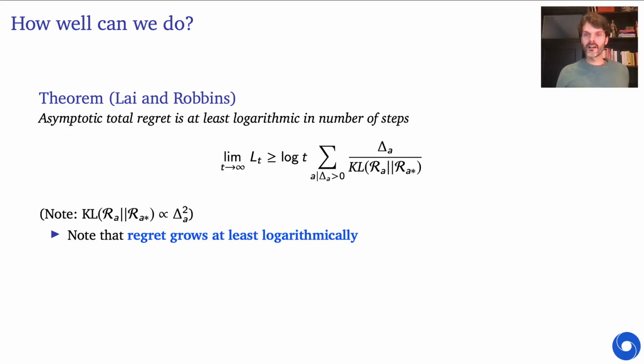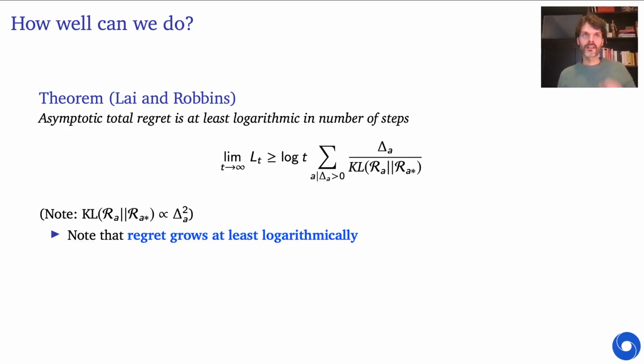If you don't know what a KL divergence is, that's okay. It measures the difference between these distributions, and it turns out it's roughly proportional to delta squared. So a different way to think about this is that it bounds the regret with a term that is logarithmic in t, and then some term that depends on the differences in means between these actions.